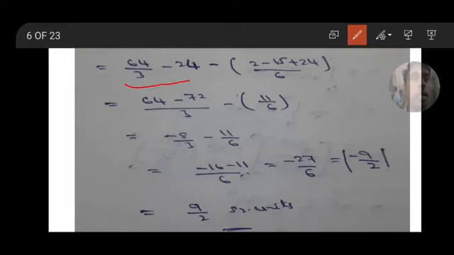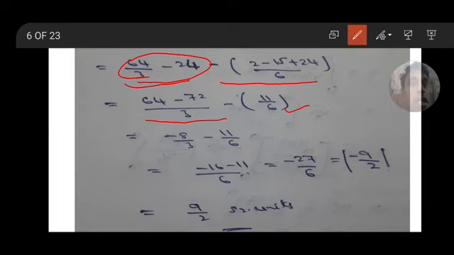Therefore it is 64 by 3 minus 24, minus 1 by 3, plus 5 by 2, plus 4, with LCM 6. The first terms have LCM 3, so 64 minus 72 by 3, which is minus 8 by 3, and the other terms give minus 11 by 6.